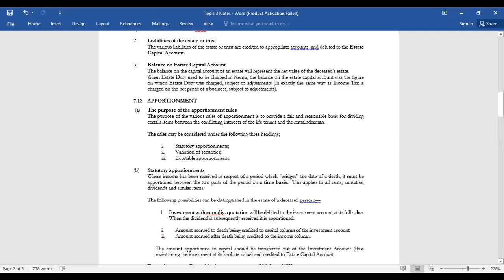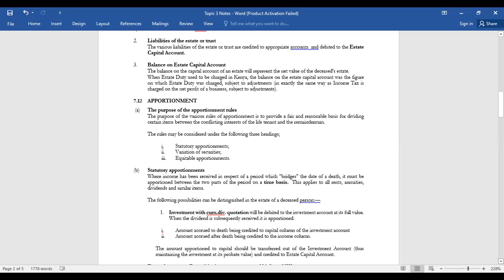That's why we are talking of a bridge between the date of death and now the survivor, the survivorship or the remainder man, or another life tenant taking over the assets of the deceased. So the amount accrued to death is credited in the capital account. And the particular column here is the investment account. We'll give an example and see how it pans out.